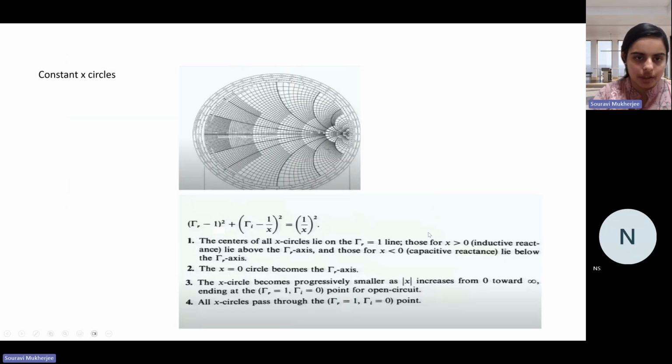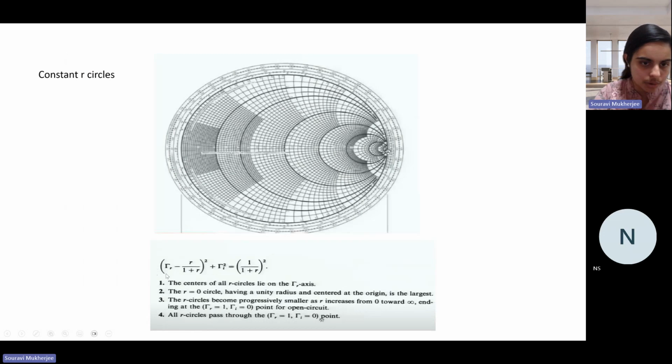You can also get the expression from here. You put R equal to 0, and this term goes away. So the center is at 0, 0, and the radius is equal to 1.